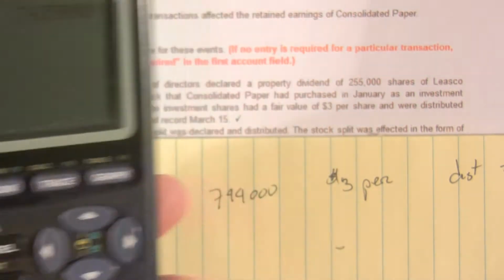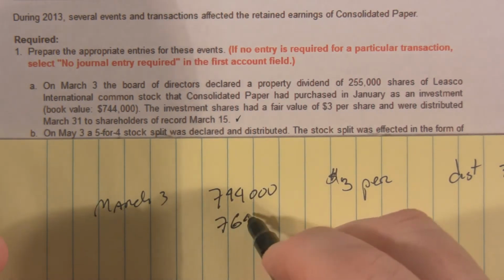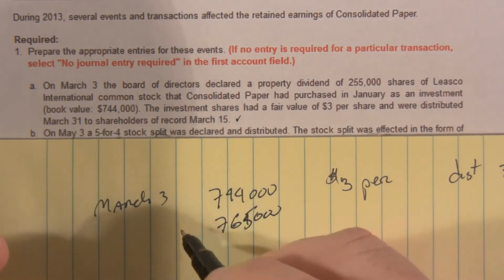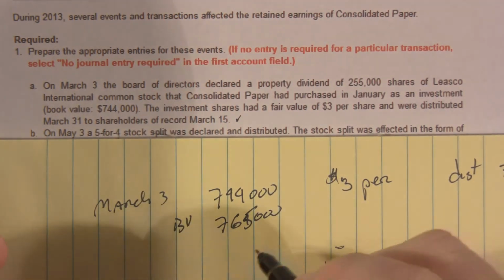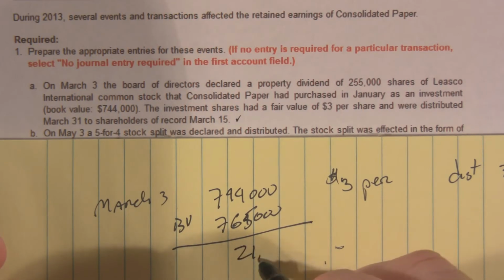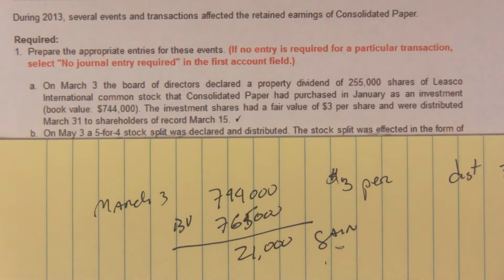So that's $765,000. So the value on the declaration date is $765,000. We have a $21,000 gain that we have to recognize right now.